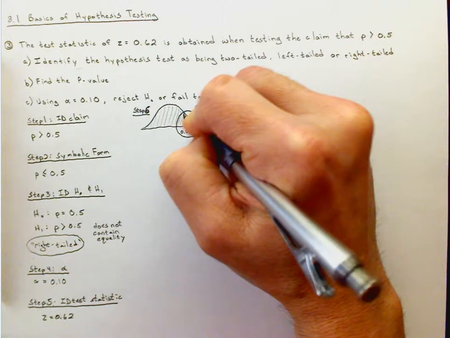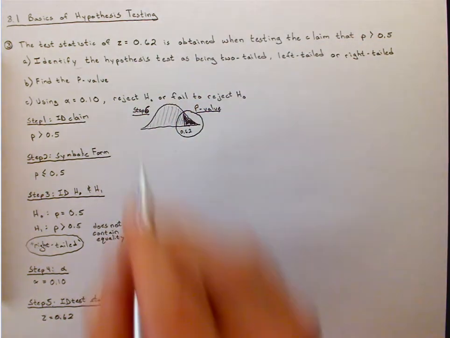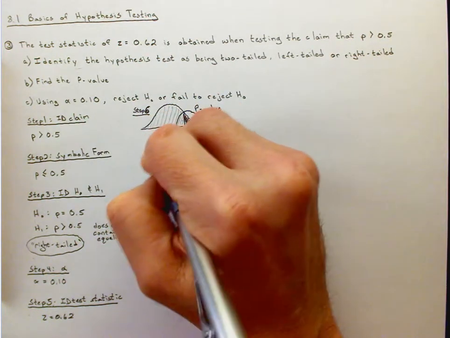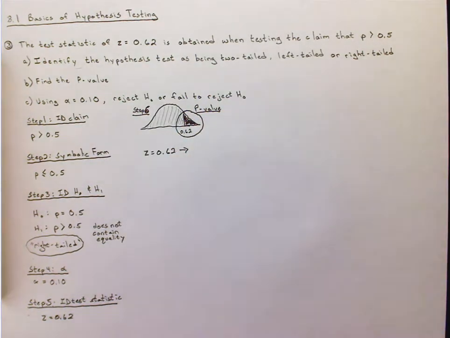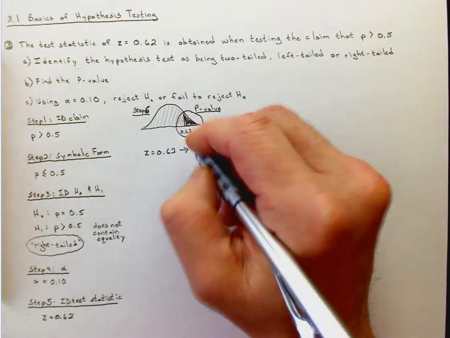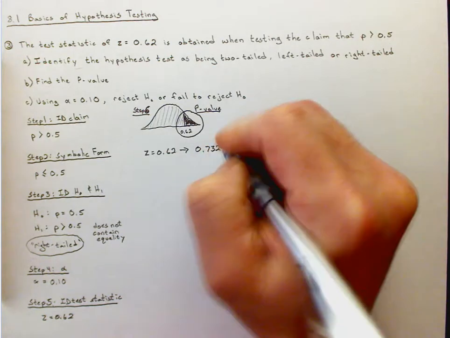So whenever I look that up using my z-score, z equals 0.62, I'm going to use my table and find out what is that probability. So in my table, let's see, 0.6 and 2, I have 0.7324. That is this area.